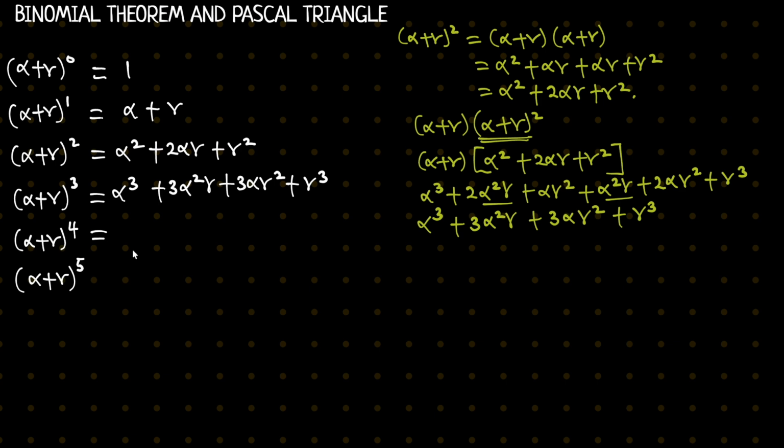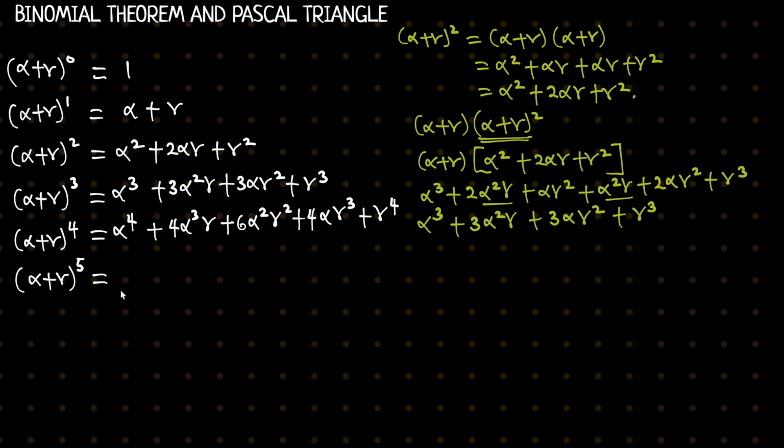If you go on with this process for alpha plus gamma to the power of 4, you're going to obtain alpha to the power of 4 plus 4 alpha cube gamma plus 6 alpha squared gamma squared plus 4 alpha gamma cube plus gamma to the power of 4.